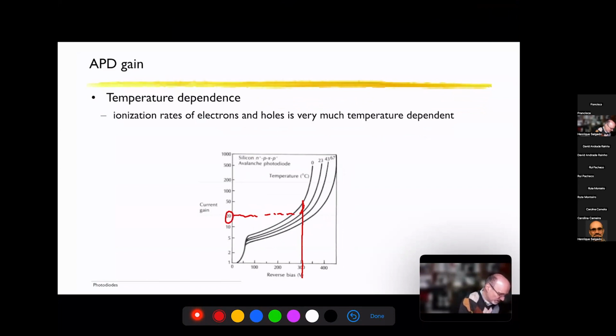But if the temperature increases to 67, then the current can drop by as much as 50%, and the current gain is only 10 instead of 20. So this might be a problem when working with these photodiodes, which might need some temperature control as well.